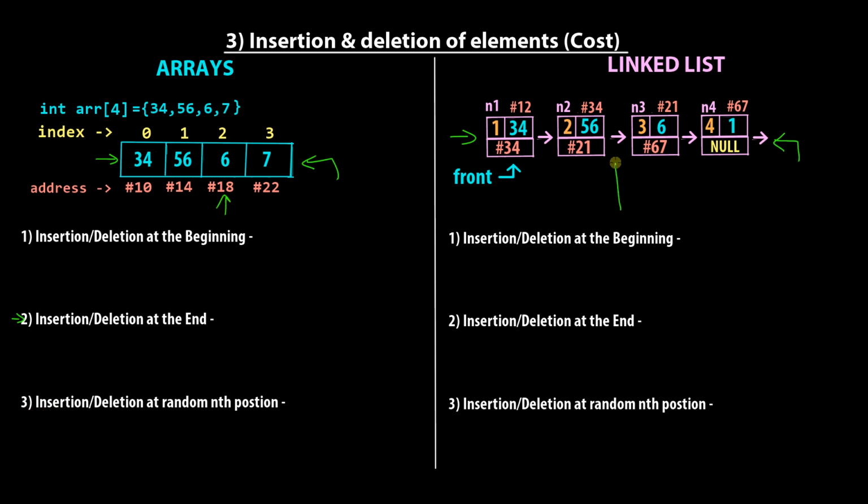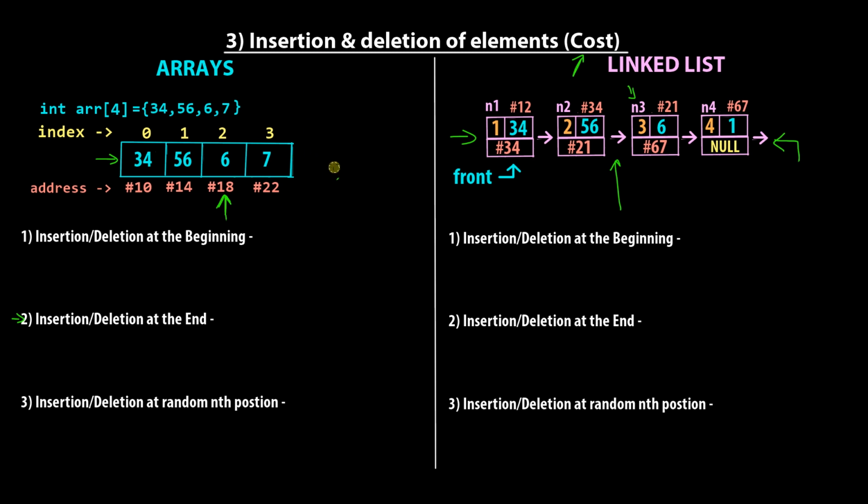Let's say you want to insert a node over here in between, or you want to insert a value in between over here. So that is also possible. Or you want to delete a middle value. You want to delete n3, which is a middle value in the linked list. So that is also possible. So these are three different scenarios for which different cost is required, and we'll figure that out in this video itself. And hence we have three different scenarios.